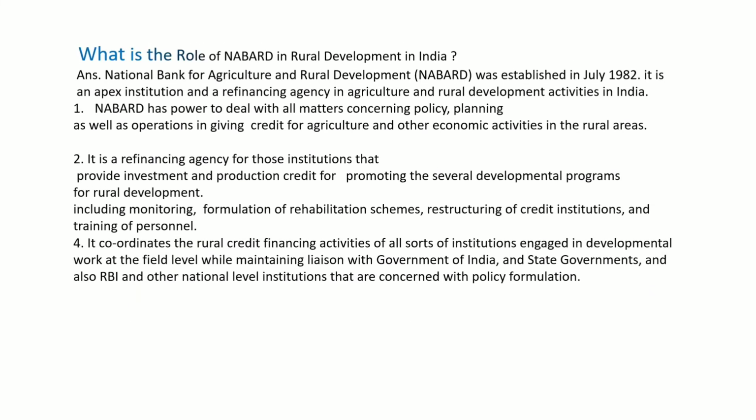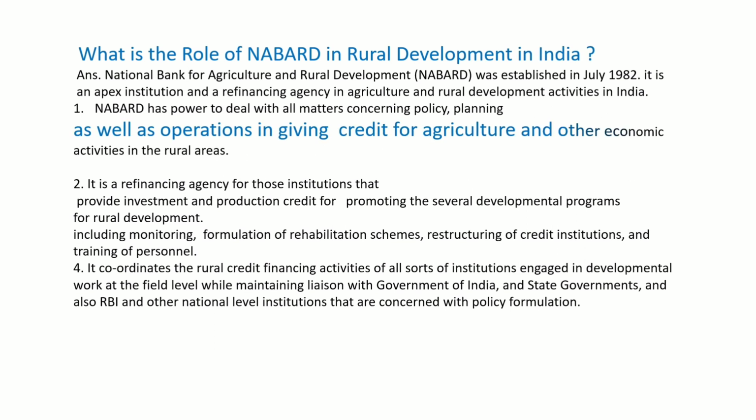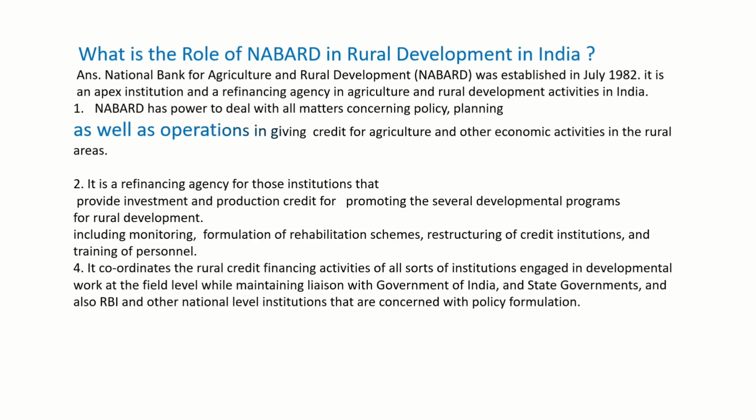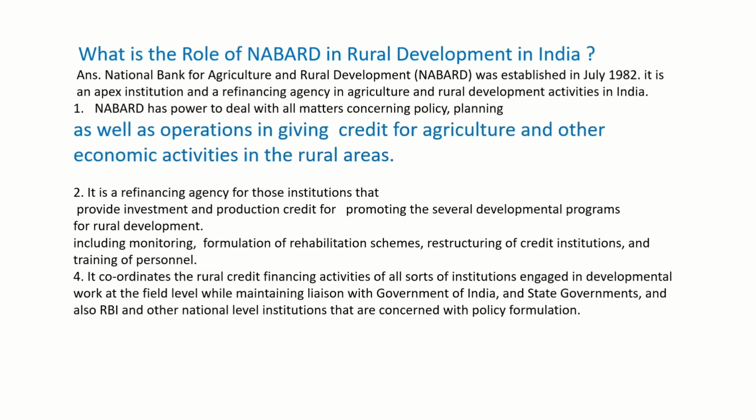What is the role of NABARD in rural development? This is a national bank to assist the agriculture sector in rural areas. NABARD has power to deal with matters concerning policy, planning as well as operations, giving credit for agriculture and other economic activities in rural areas.